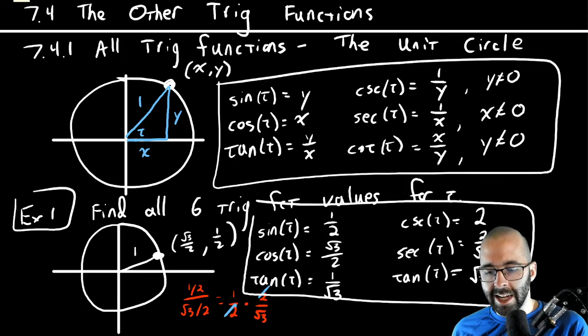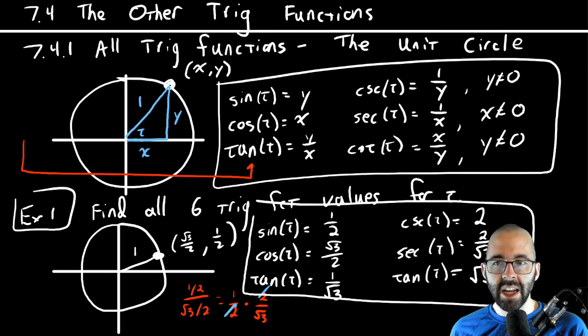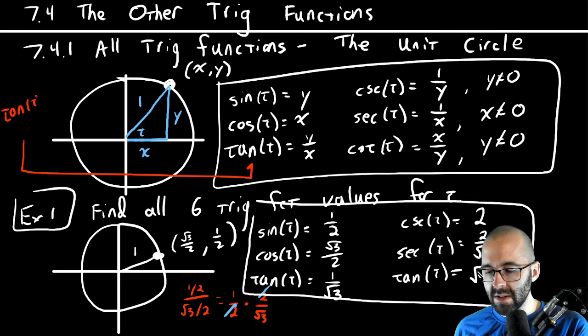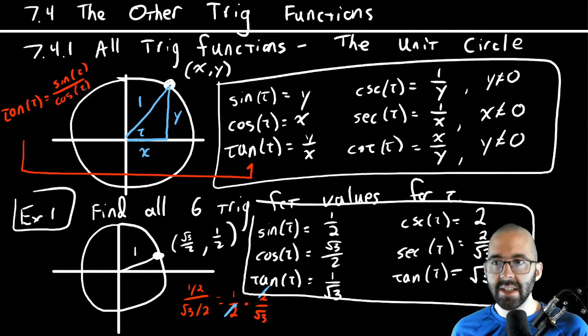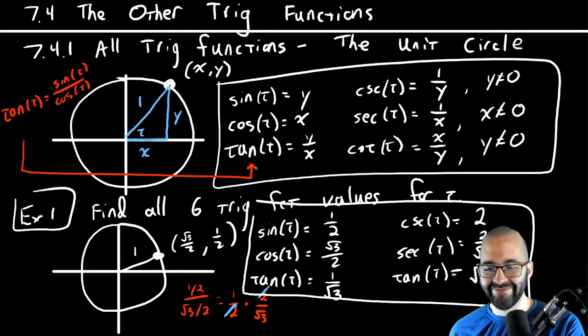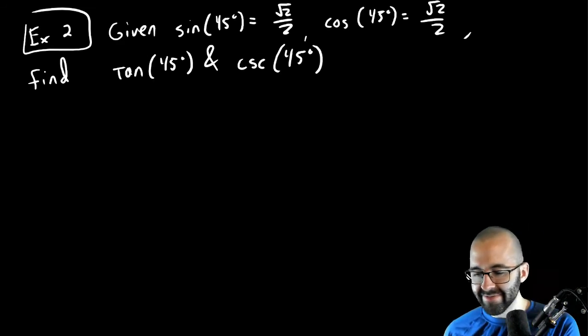As a side note, I hinted at it earlier, but it's really useful. If tangent's y over x, another way of thinking of tangent is tangent is sine, which is y, over cosine, which is x. This is useful. And we're going to use this often. Notably, right now. Okay?